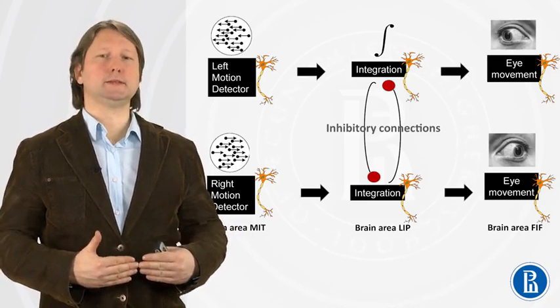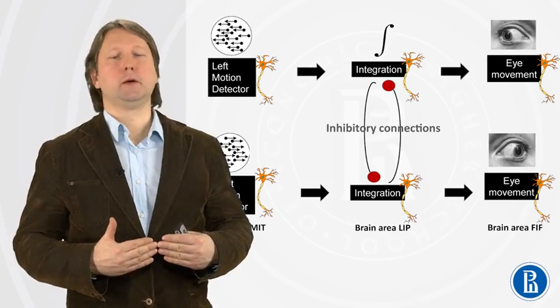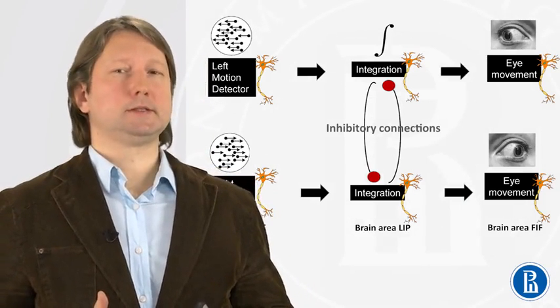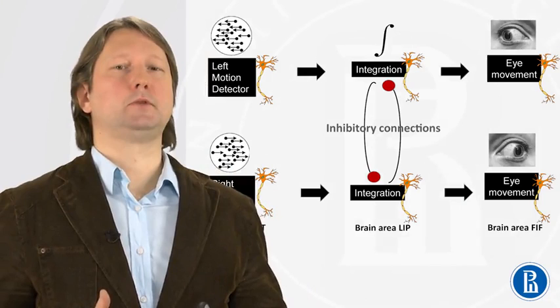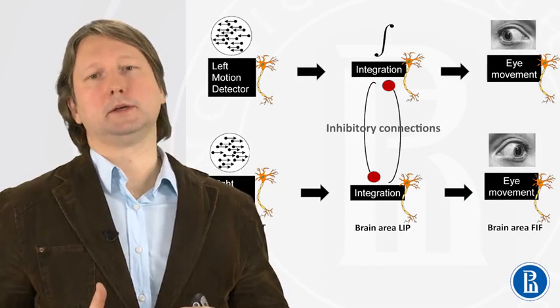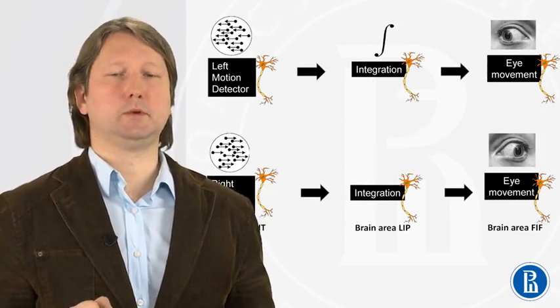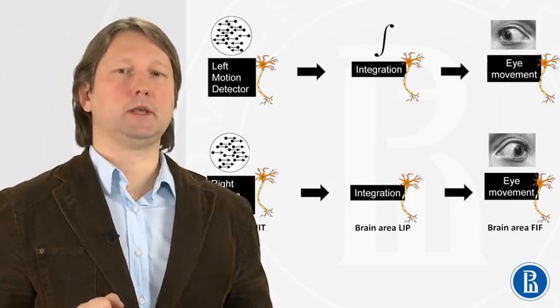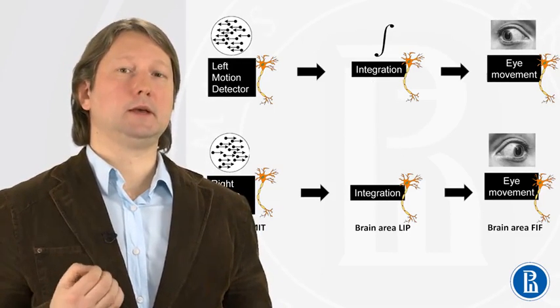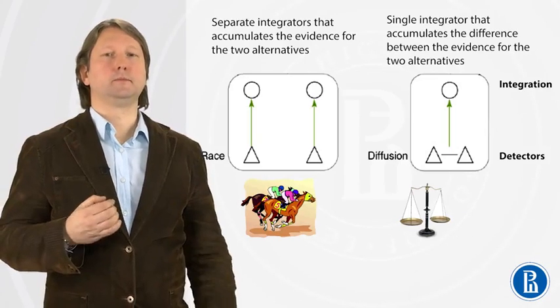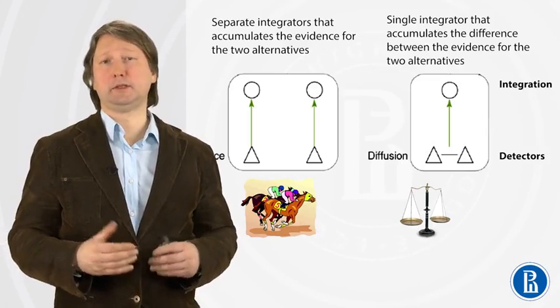So why do we need these inhibitory connections between the integrators? I think it makes sense to have this stage, and I would illustrate this idea with two models. If we remove the inhibitory connections, we would see a so-called race model. According to the race model, decisions can be programmed independently.